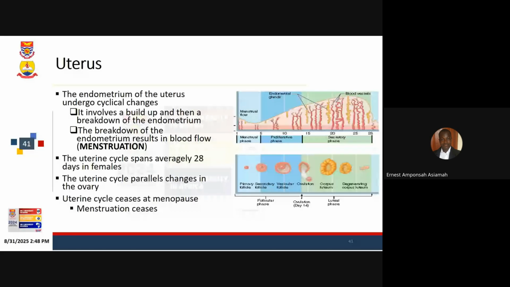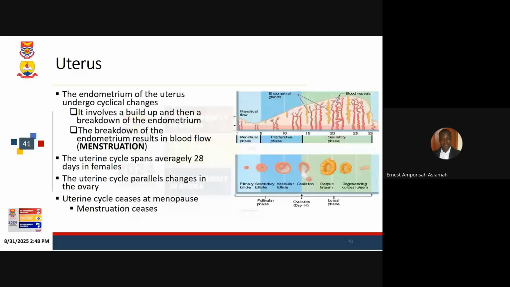Now the one thing about the female is that the endometrium usually undergoes cyclical changes. It's being built up, then it is torn down. All these are supposed to prepare the endometrium for taking the seed, that is fertilization and implantation.